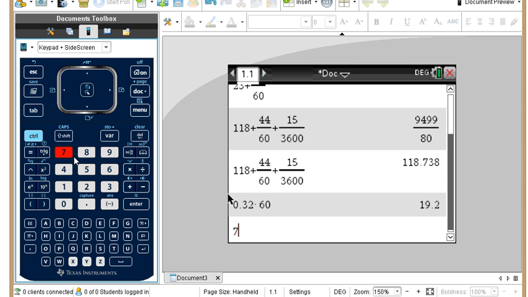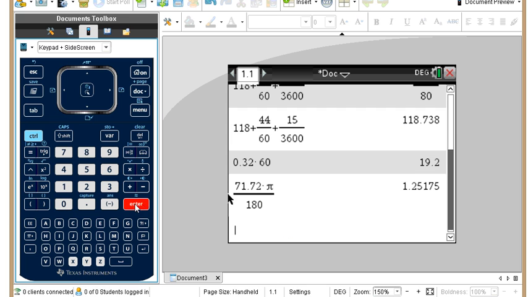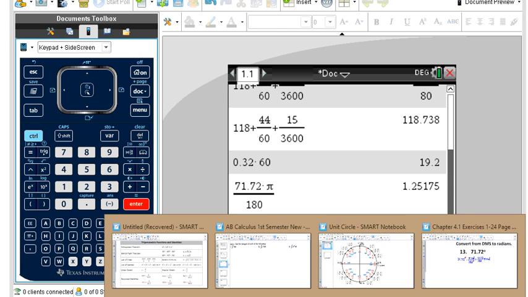We have 71.72 times pi. We get the pi symbol here, and all this we're going to divide by 180. And we get 1.25175 radians.